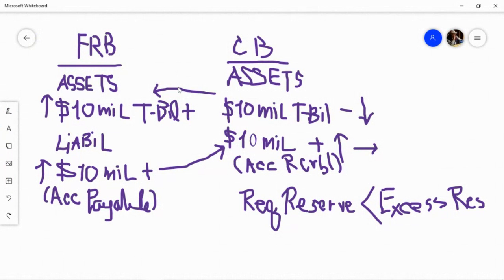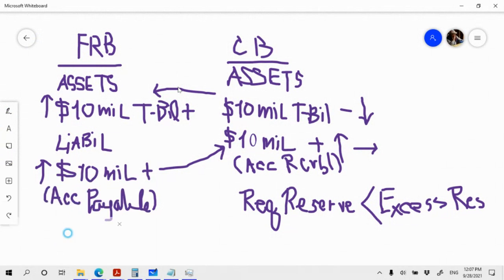It goes up. And if the supply goes up, what happens to the price? It goes down.